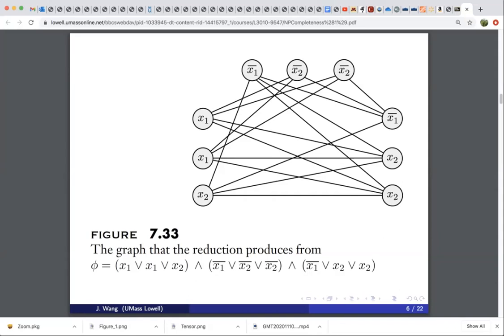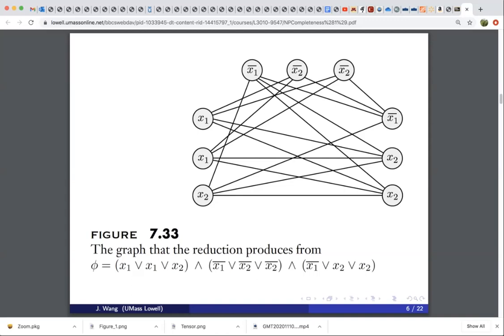Remember, each node represents one literal in a clause, so we just use the same names here. What we have here is x1, x1, x2.